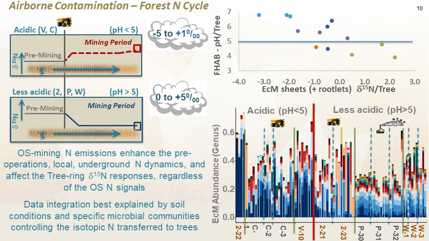We have a rising signal and a lowering signal, and in the two cases, what is responsible for that change is really the incoming nitrogen from the mining operations that are changing or enhancing the controls that are already present in the soil. So regardless of the signal of what's falling around the trees, there will be an impact, and delta N15 values can indeed express a change in the nitrogen cycle of the boreal forest.